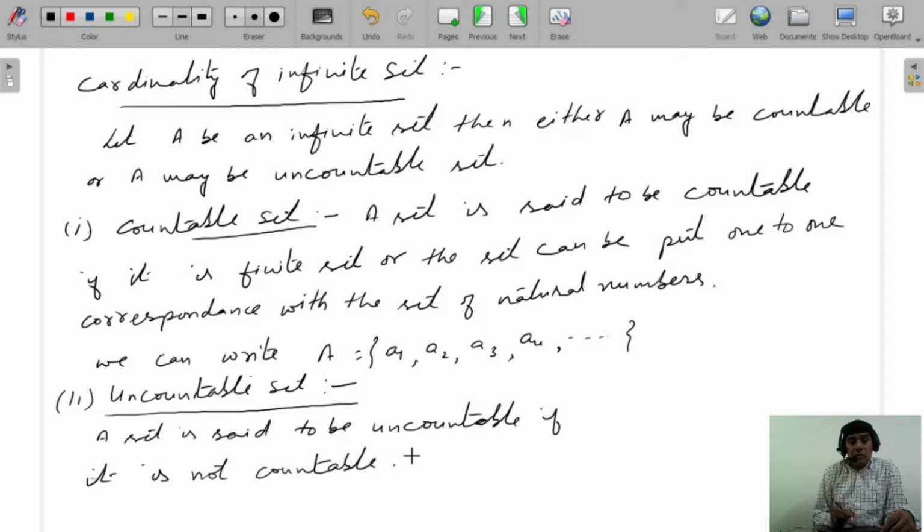The set of real numbers is an uncountable set.